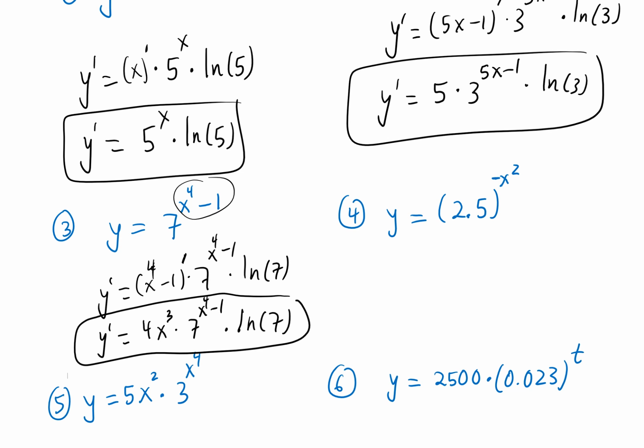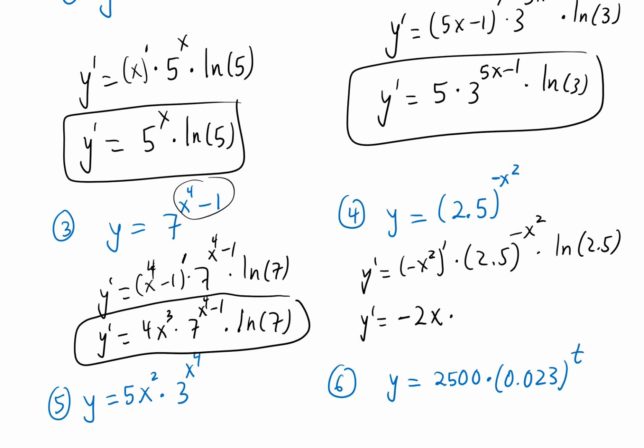For number 4, we have y prime is the derivative of the exponent times itself times natural log of the base 2.5. Y prime is negative 2x times 2.5 to the negative x squared times natural log of 2.5.